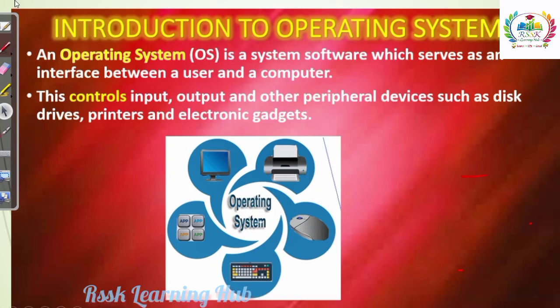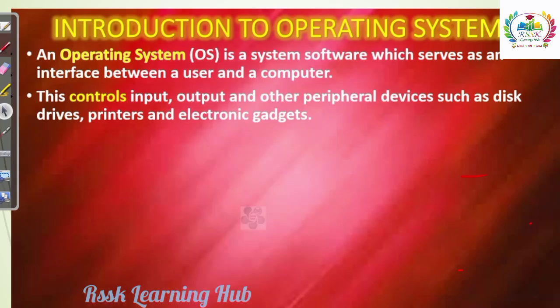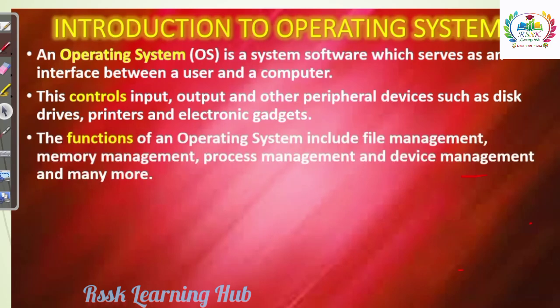So this is one of the important things about the OS. The need for OS is basically an interface between the user and the hardware, as well as your operating system works as a translator also.